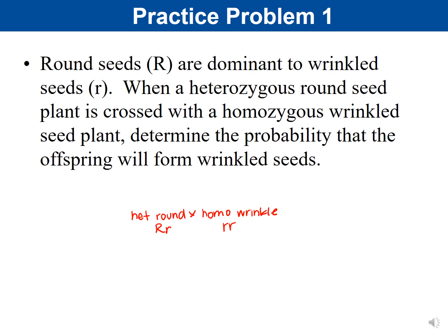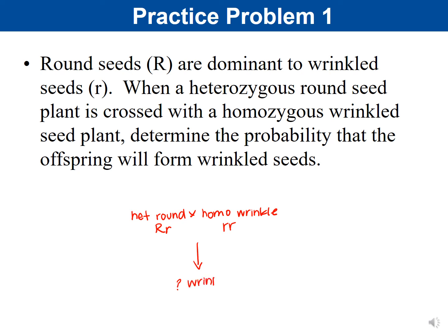I could have just said wrinkled because the only way that you get that recessive phenotype is to be homozygous recessive. So technically speaking, it did not need to say homozygous wrinkled because if they're wrinkled, you know that they're homozygous recessive. So now it's asking, what is the probability that the offspring are wrinkled?